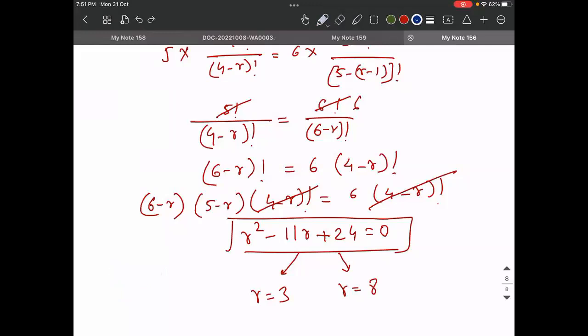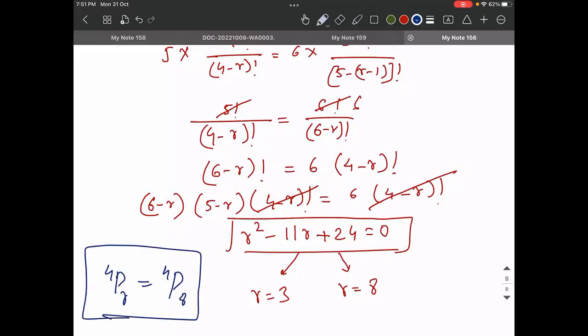What is the meaning of that? If both are possible, just write it in that equation: 4Pr is equal to 4P8. That's what you are getting, right? r is equal to 8.